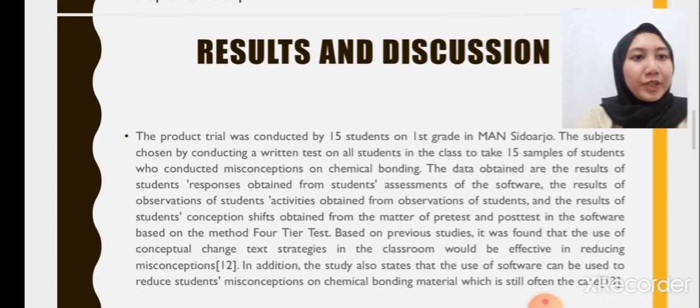The data obtained are the results of students' response from their assessment of the software, the result of the observation of students' activities, and the result of students' conception shift obtained from pre-test and post-test in the software based on the four-tier test method.